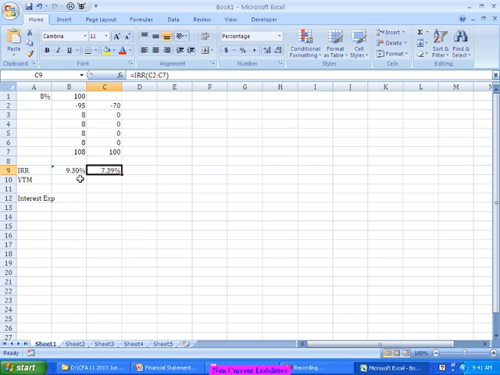The interest part. Okay, so what is the interest part here? 9.3% times my outstanding principal, which is 95. So on 95, I will apply 9.3%. So the interest for this period is 8.83.